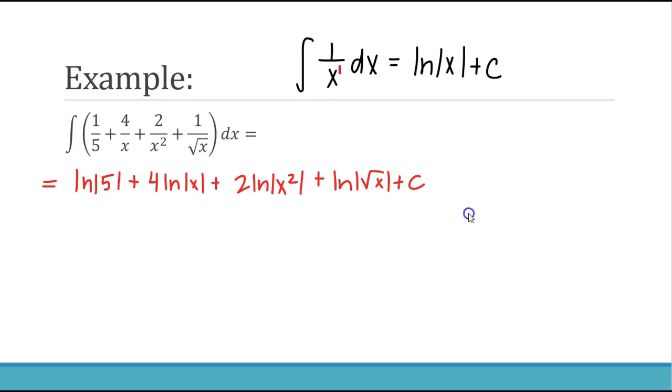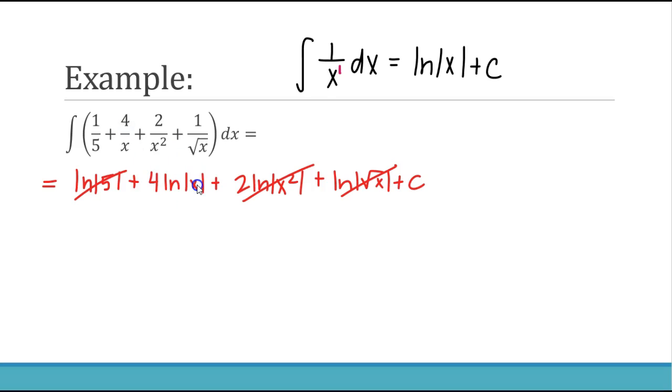This is mostly wrong. The parts that are incorrect are this one, and this one. So the only one where the answer really was a natural log of the absolute value of x was this second piece here. So we were able to think about that constant being on the outside.